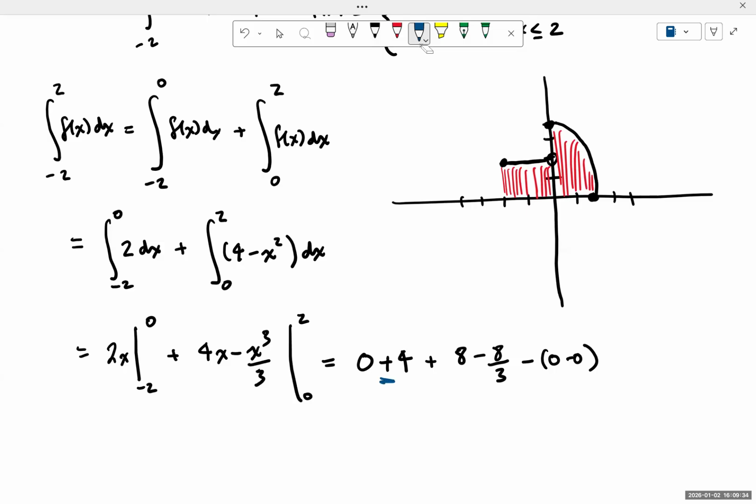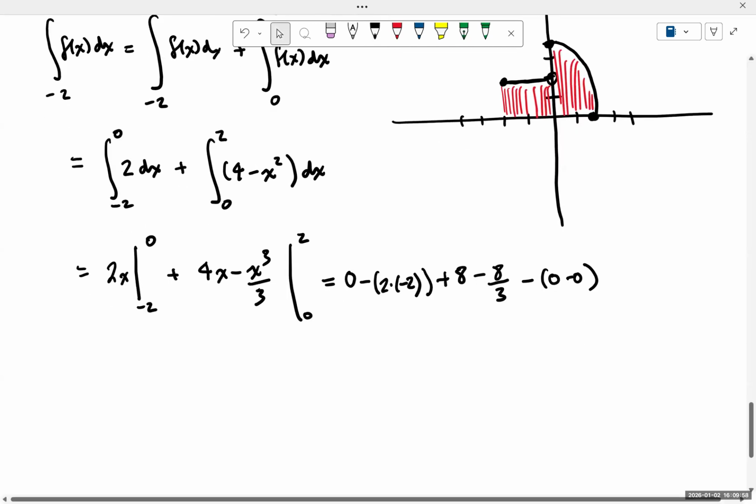So let me write that a little bit more carefully because I know we're still learning this stuff. It's 0 minus 2 times negative 2, so that's how it became plus 4, because we evaluate at the top minus the bottom, right?